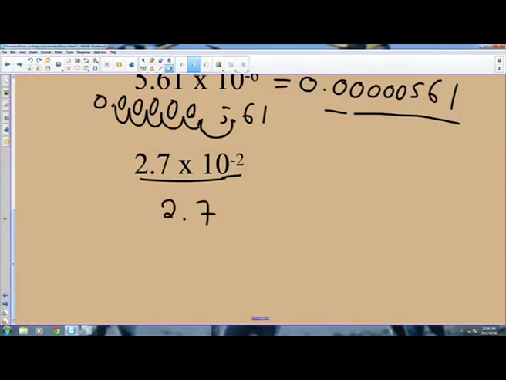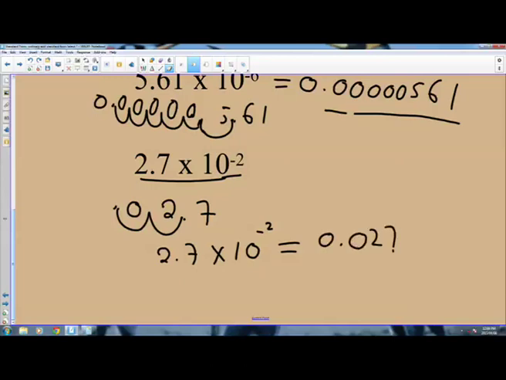So it's 2.7. And then move your point to the left. 1, 2. So the point will be here. Then this will be 0. This is simply saying 2.7 times 10 to the power negative 2 is equal to 0.027.